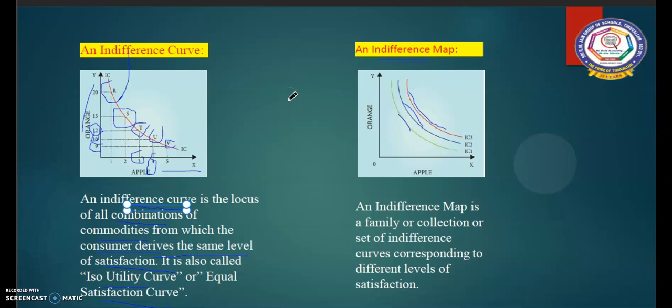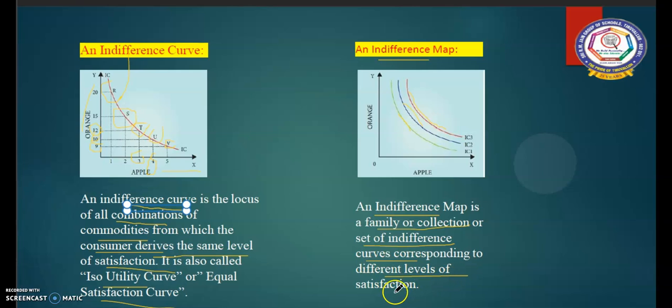So the customer can plan the combination of different commodities and we can derive many indifference curves. The group of these indifference curves is called an indifference map. So an indifference map is a family or collection or set of indifference curves corresponding to different levels of satisfaction.